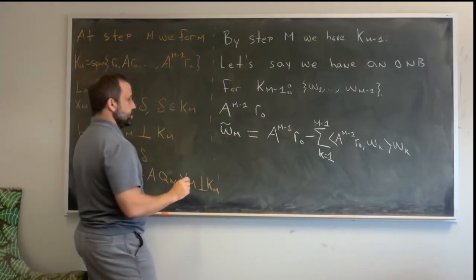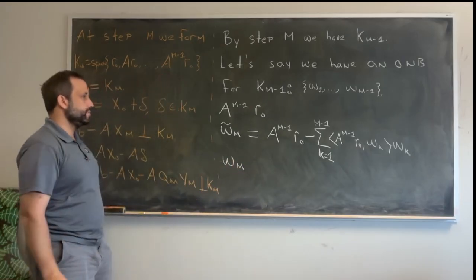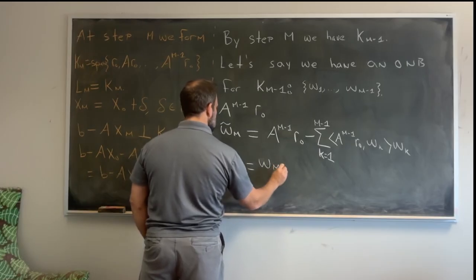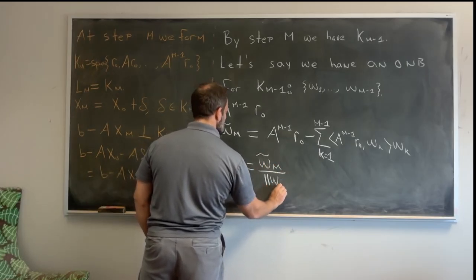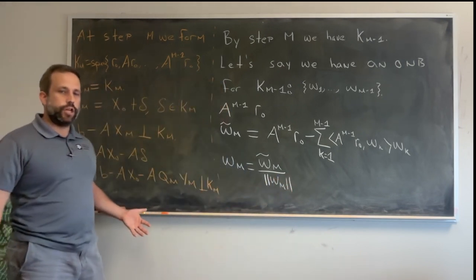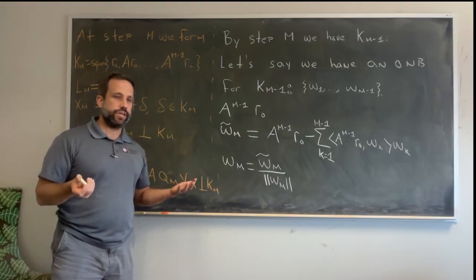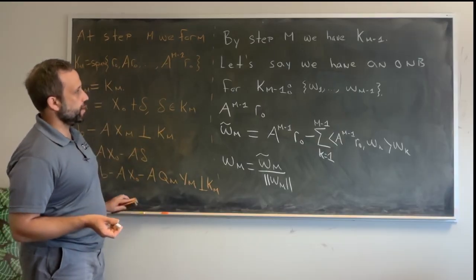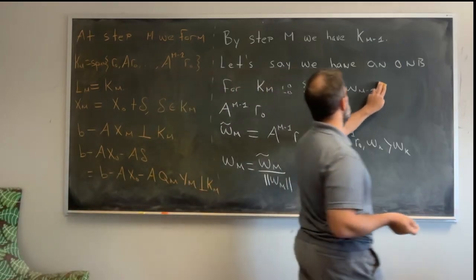And then Wm is just going to be Wm tilde normalized. So it's going to be Wm tilde divided by the norm of Wm tilde. And now, I didn't have to create an entire orthonormal basis from scratch. I just took my next vector and did this, and now I have an orthonormal basis for Km.